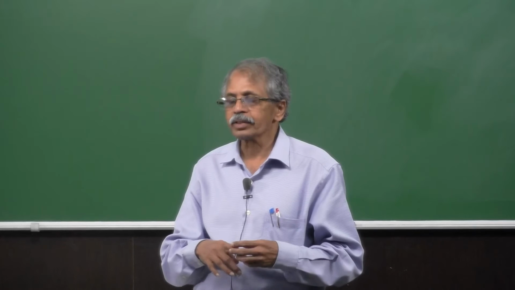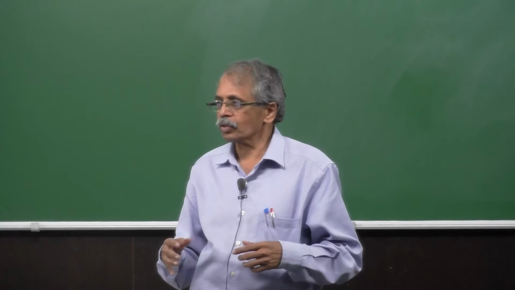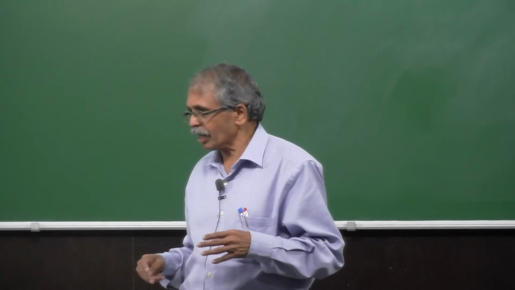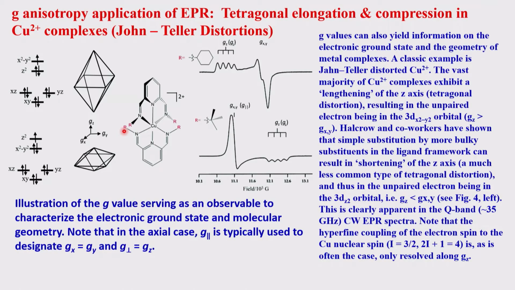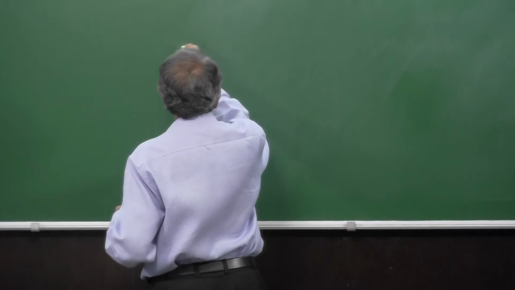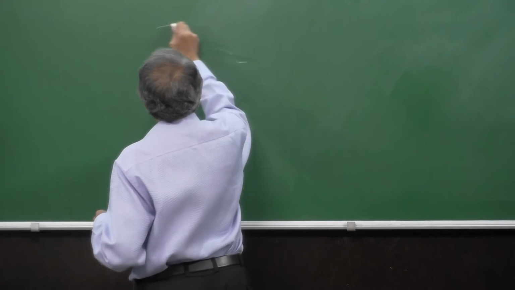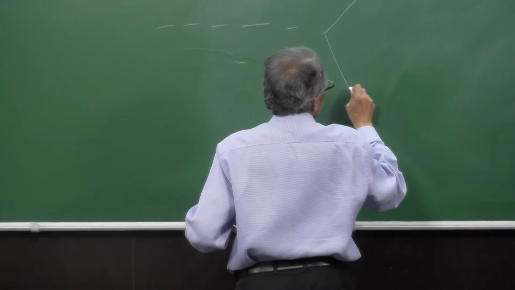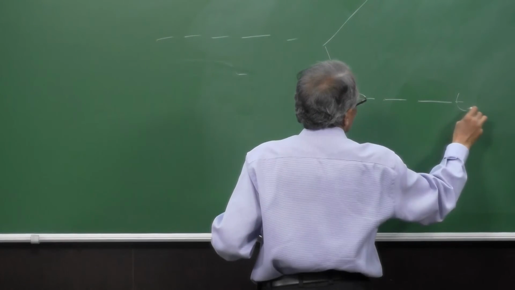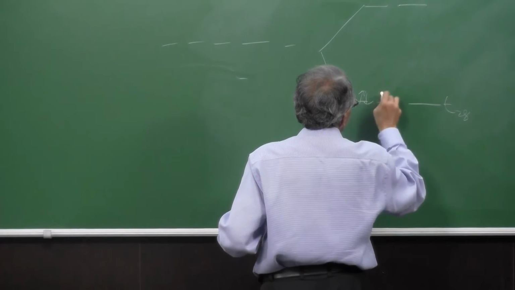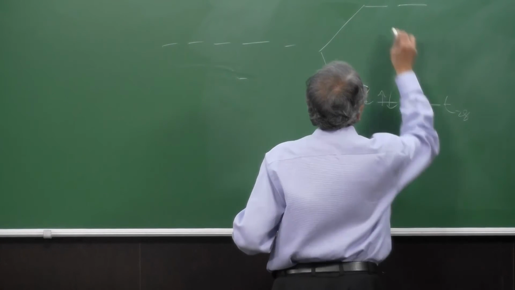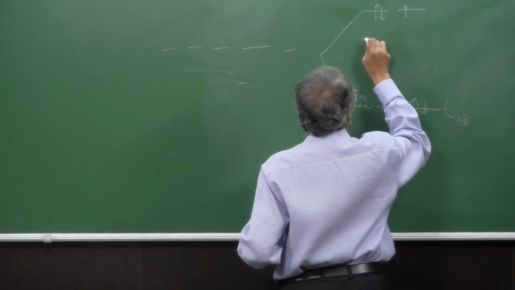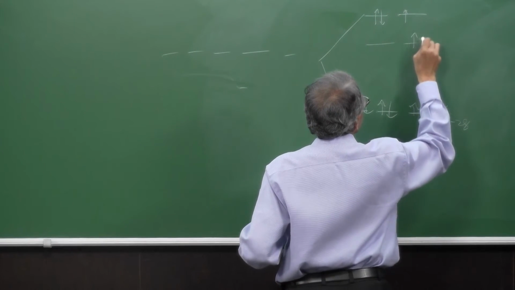In an octahedral system, you have t2g, already 6 electrons are there, and 3 electrons are there here. So it can be either here or it can be in this way.